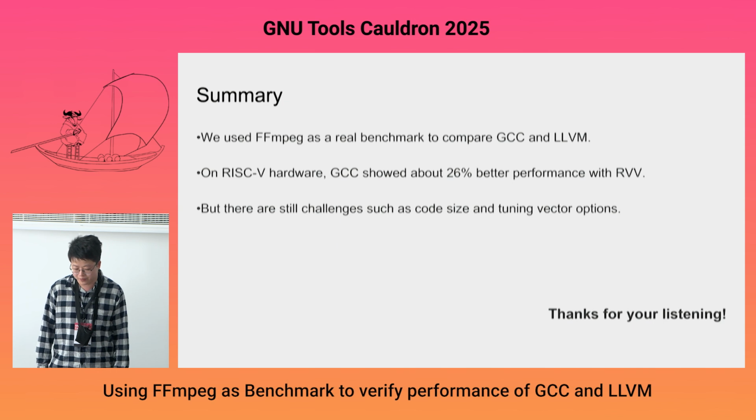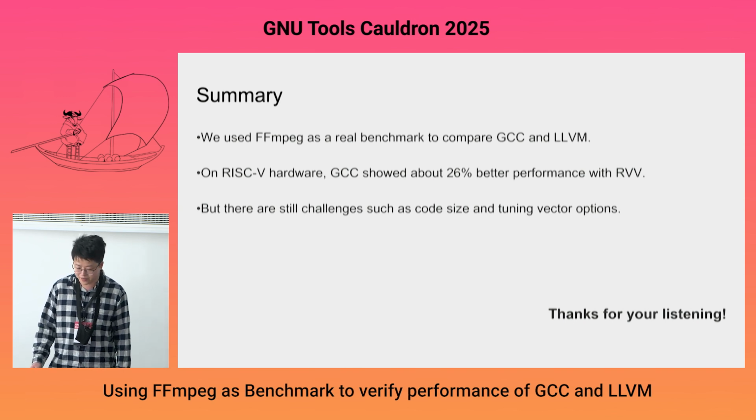To summarize, we use FFmpeg as a real benchmark to compare GCC and LLVM. And on RISC-V hardware, GCC shows better results than LLVM, both with RVV and without it.